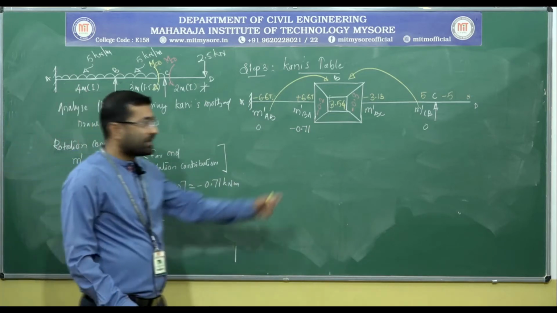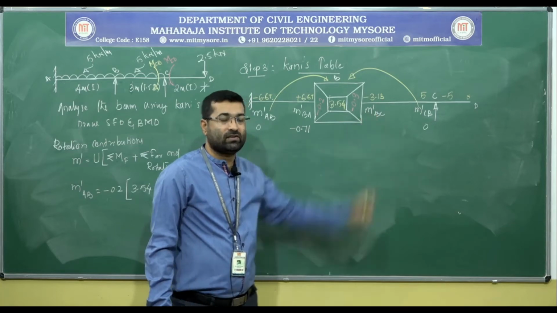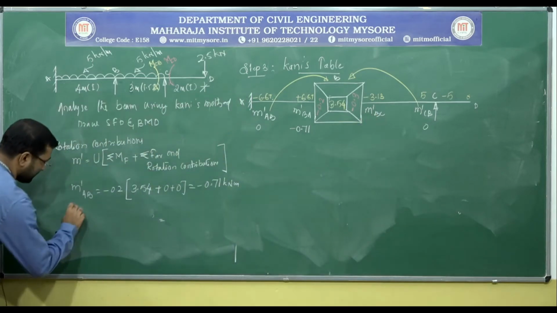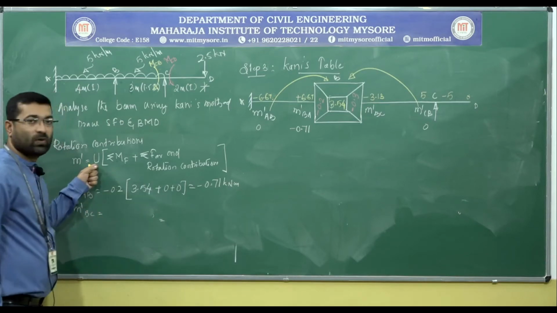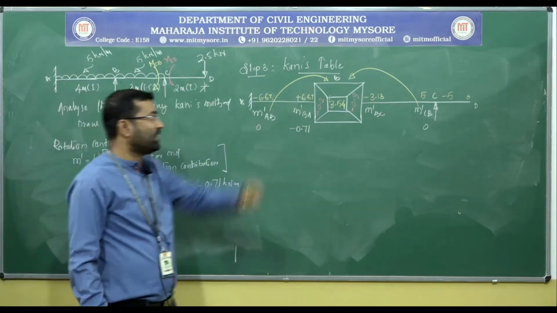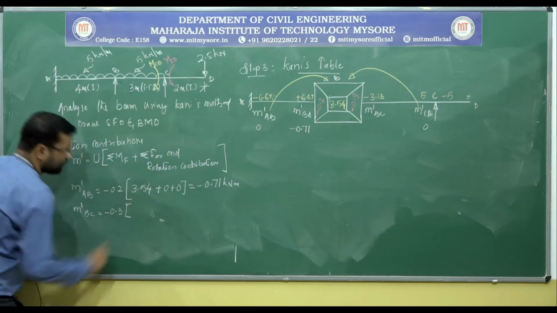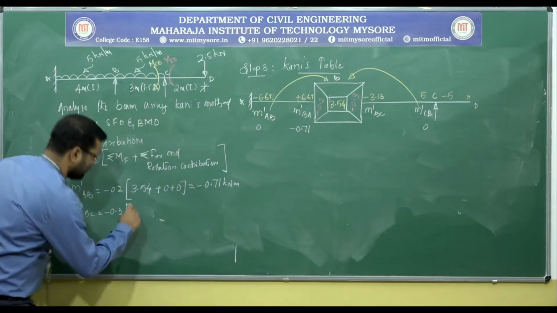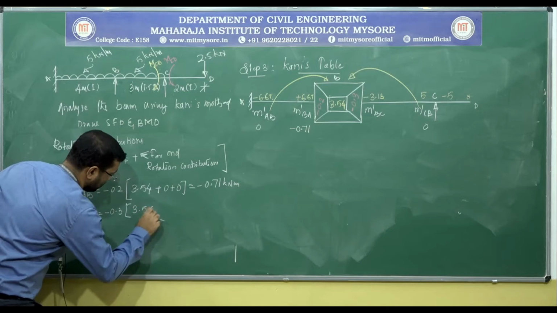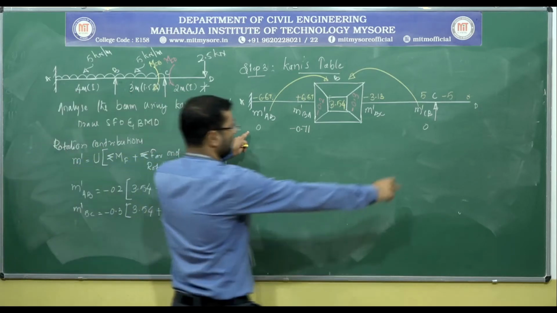Similarly, if I calculate the rotation contribution at this location, that is M dash BC, M dash BC is equal to the rotation factor. The rotation factor is minus 0.3 into the algebraic sum of fixed end moments, 3.54, plus the far end rotation contributions.